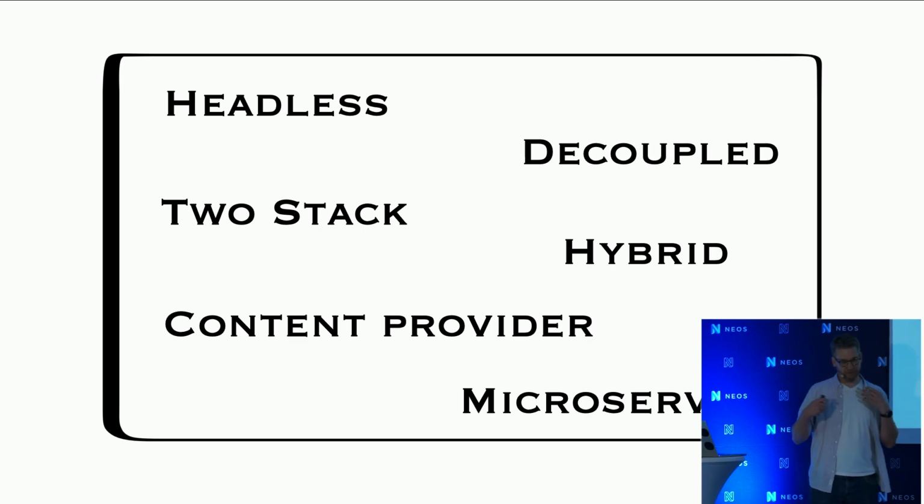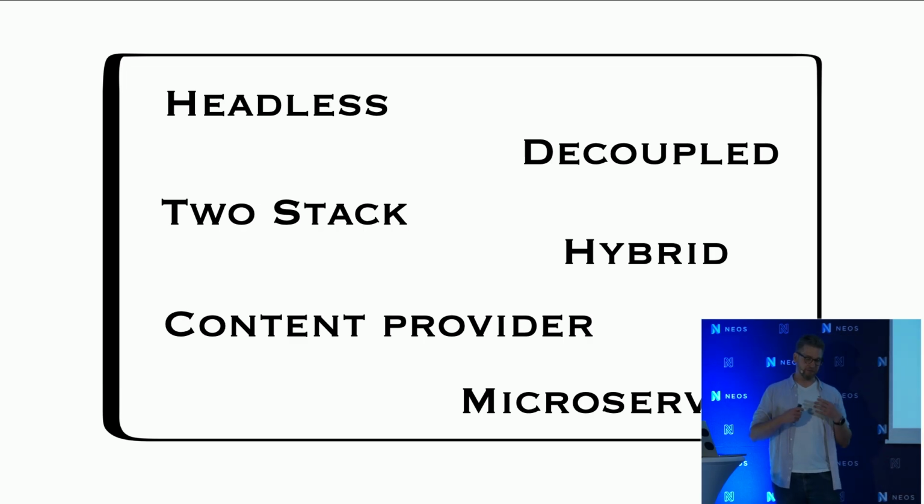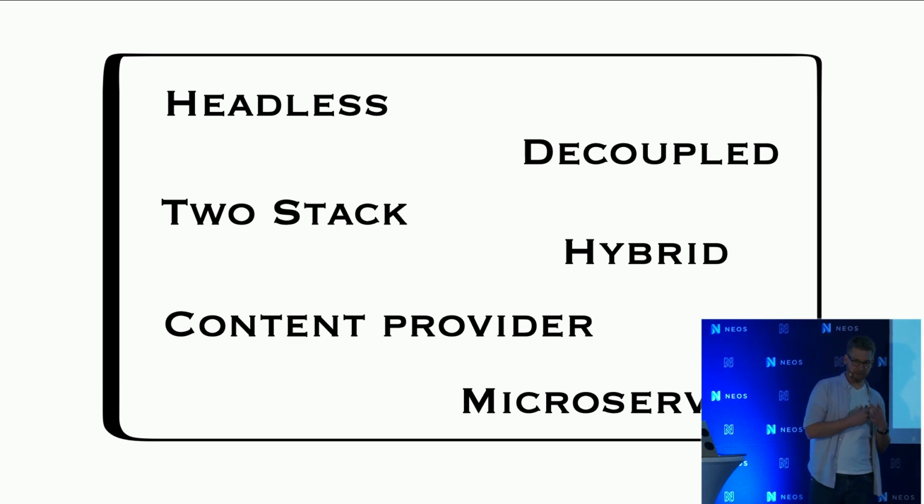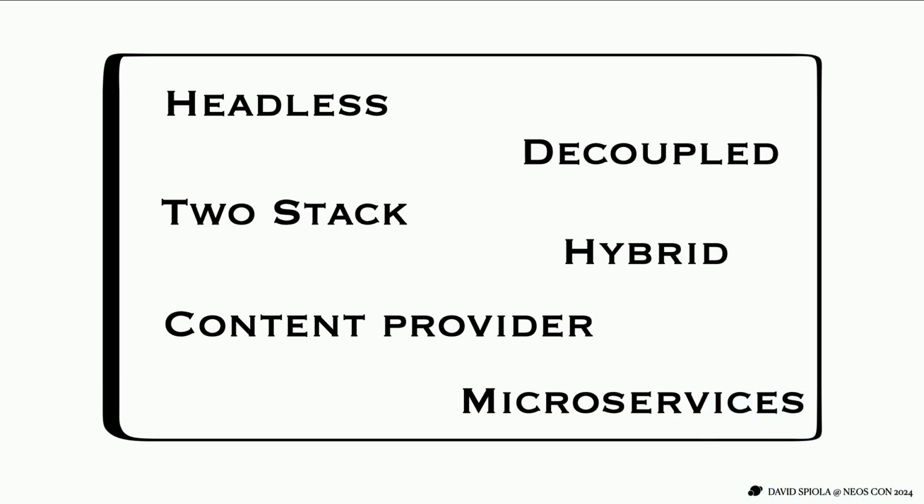All of those things basically address the issue I mentioned earlier, that you try to move business logic into other technologies or systems. And it doesn't matter if you call it headless or decoupled or two-stack. There might be some variation to it, but it basically means the same. The last one, microservices, is a bit different, and we will get into that a bit later.